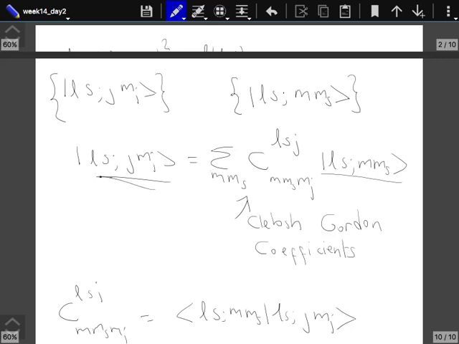That basis is formed of eigenkets of both L squared and S squared. If I add a different L in the summation on the right hand side, it won't be an eigenket of L squared anymore. So only the same L S kets contribute over here. I just sum over possible different values of M and Ms.